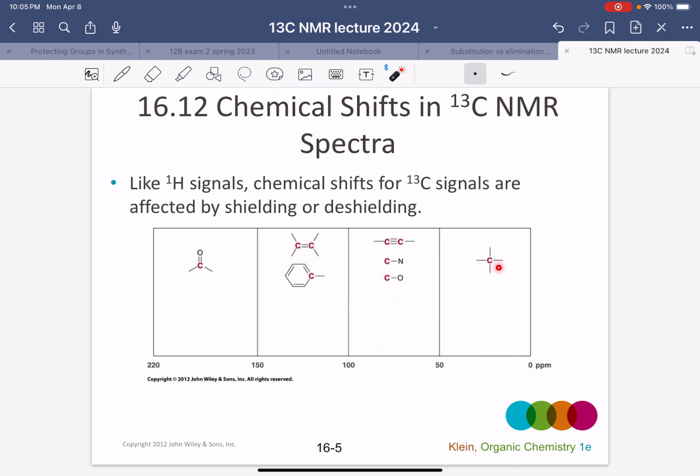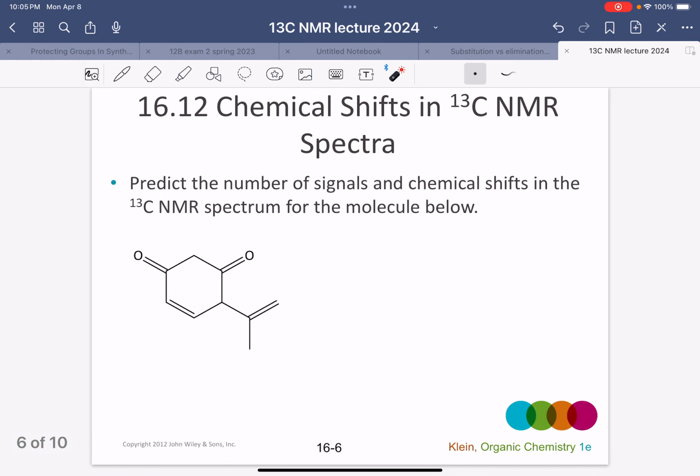And then aliphatic carbons, that is, carbons bonded only to other carbons or hydrogens, will be between 0 and 50. And typically methyl groups, just like they were in proton NMR, will be the most upfield. So, maybe around 10, 15, 20 ppm. All right.